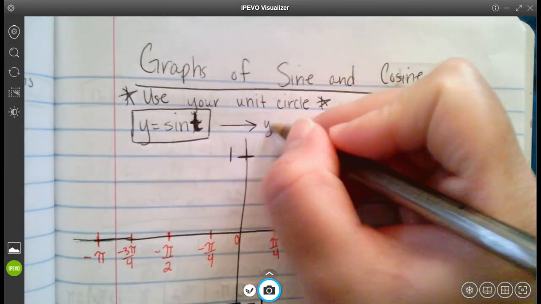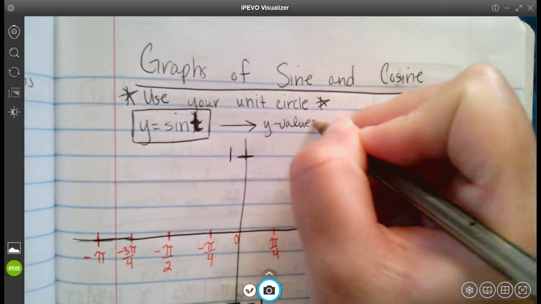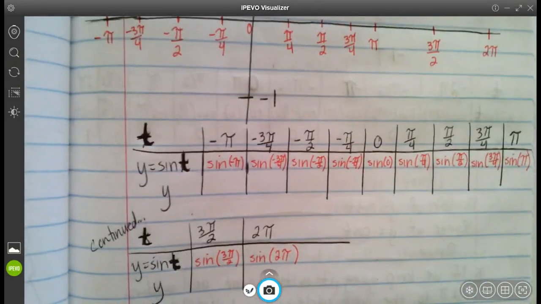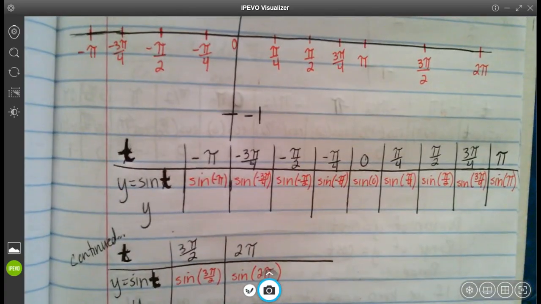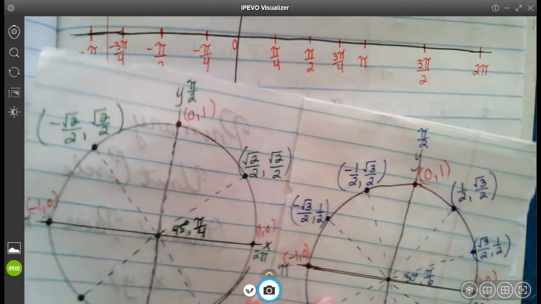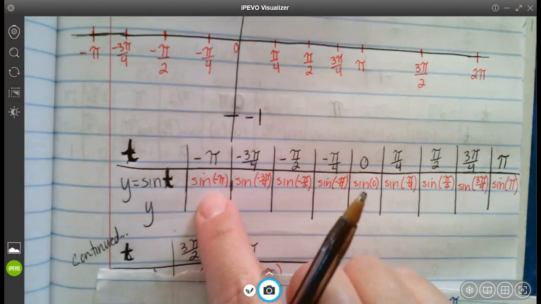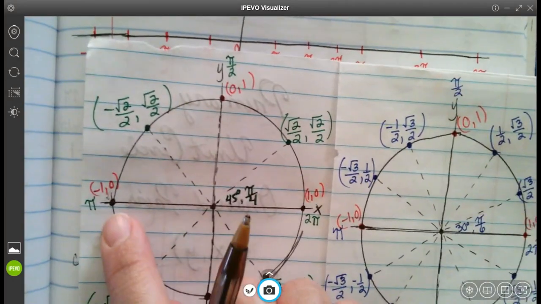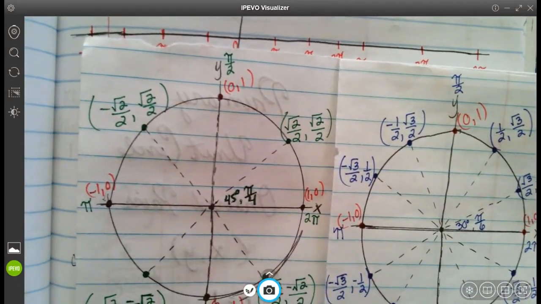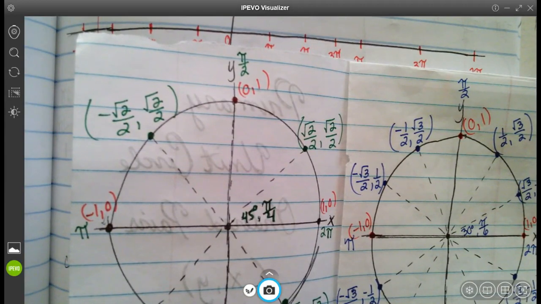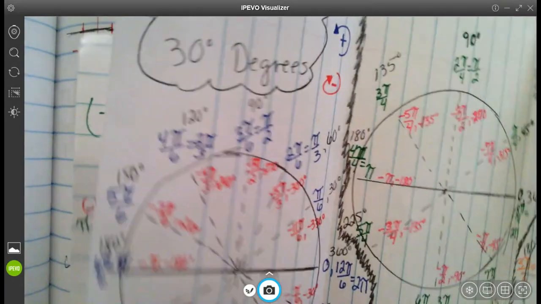Remember that sine are the y values. So we are going to use our unit circle for this. Let's take that out right here. For the first one, at sine of negative pi, we kind of have to use a combination, because we don't have negative pi on this one, but we do have it on the other one.